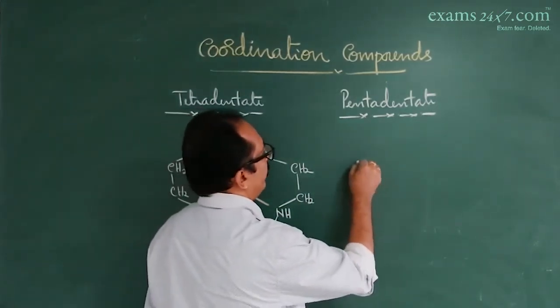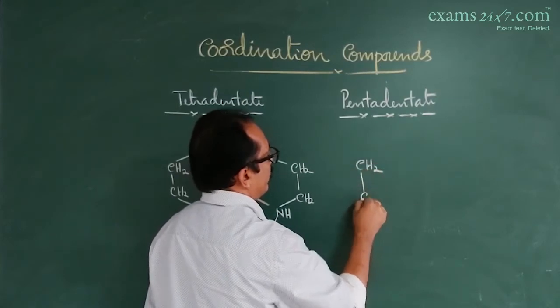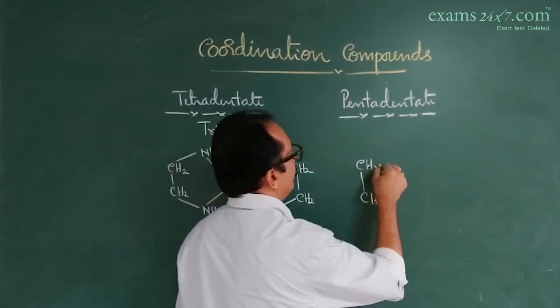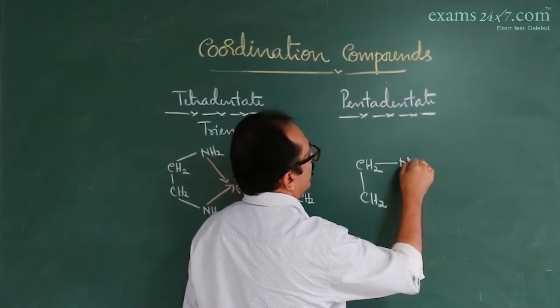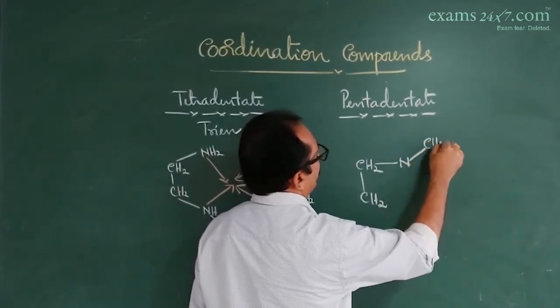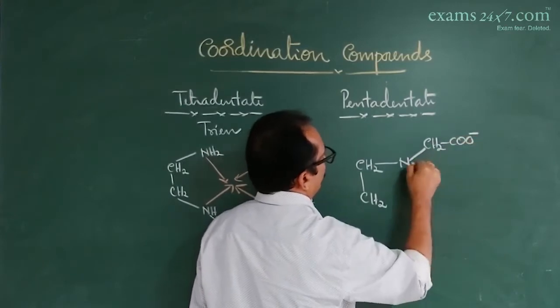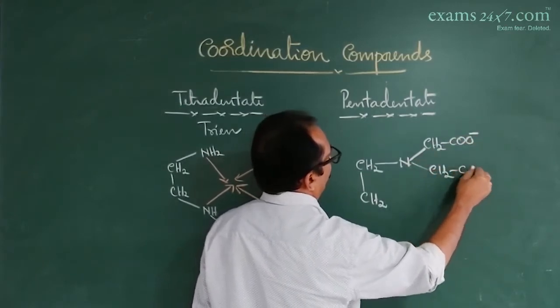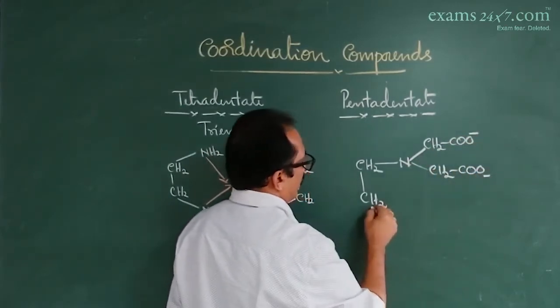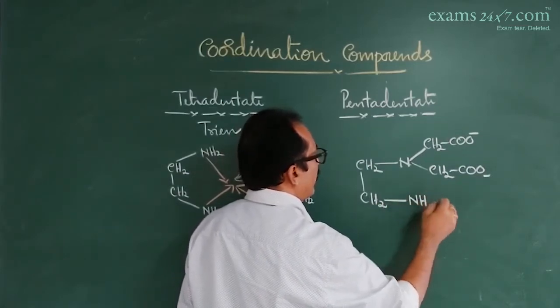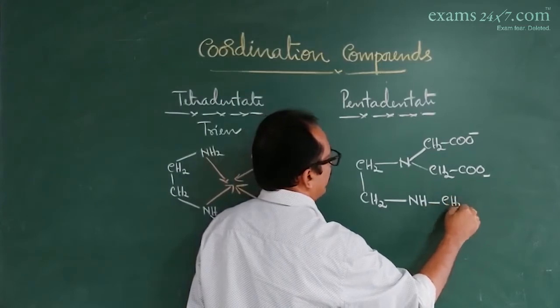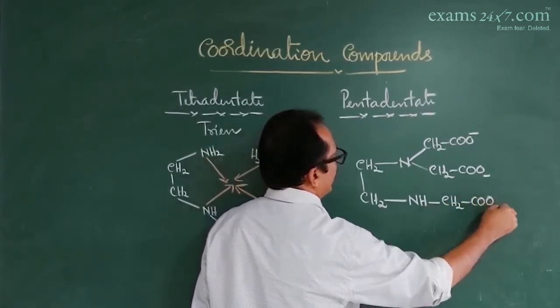Now, look here. CH2, ethylene group, diamine, NH2, and these 2 hydrogen atoms are replaced by acetate ion. Here, in NH2, 1 hydrogen atom is replaced by acetate ion.